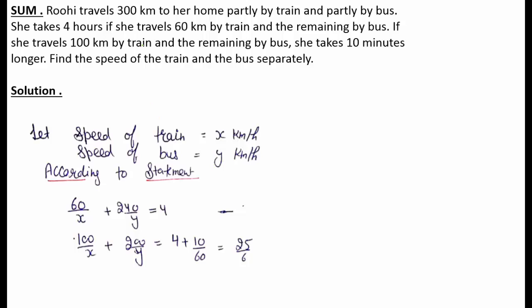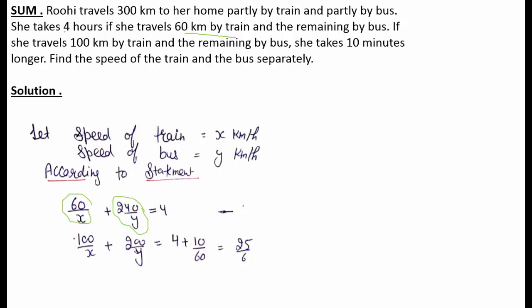Now according to the statement, Ruhi travels 300 km to her home partially by train and partially by bus, which means the total distance is 300 km. Our first condition is if she travels 60 km by train. Now 60 by x for the train, since time is distance upon speed, and the remaining 240 by y for the bus, this is again time.